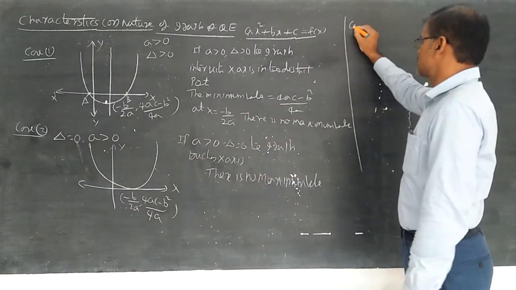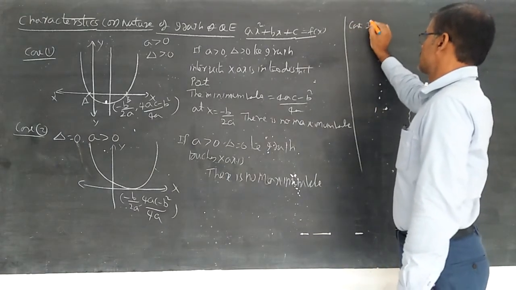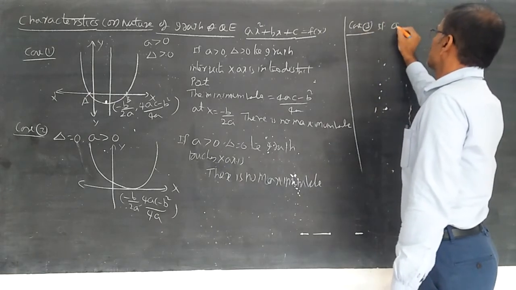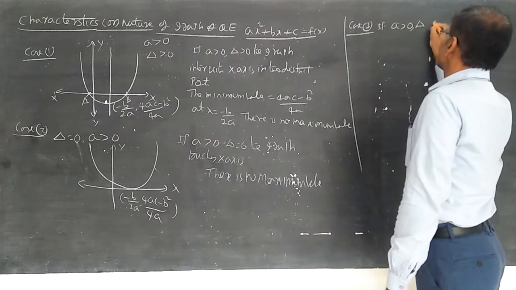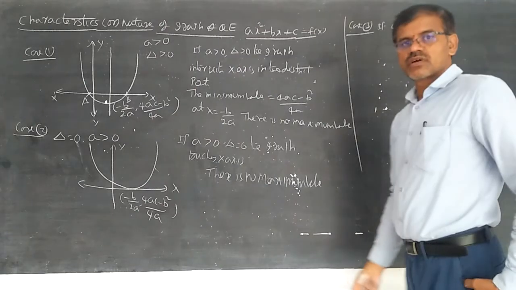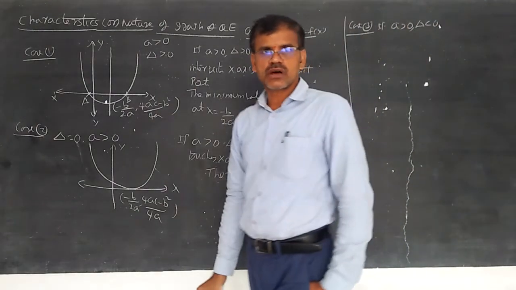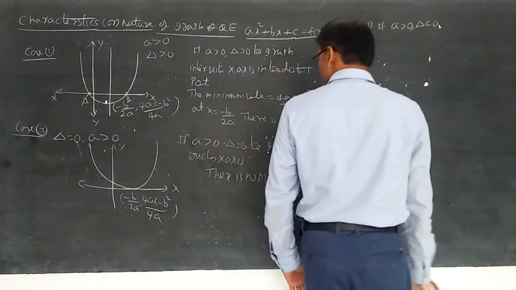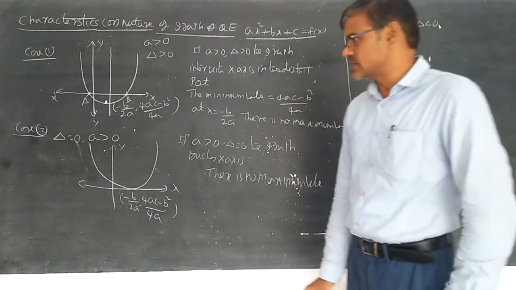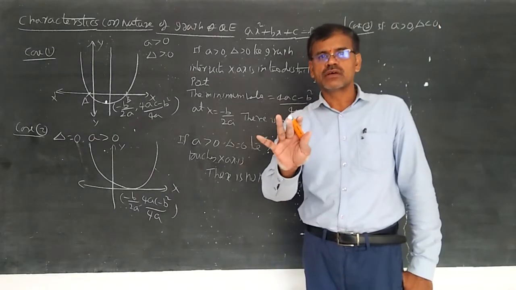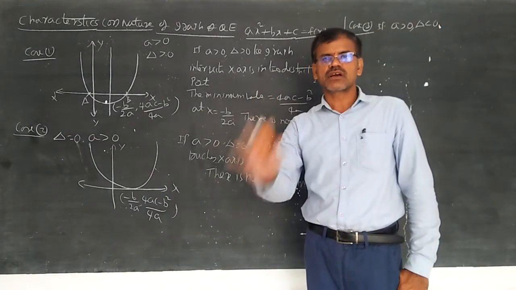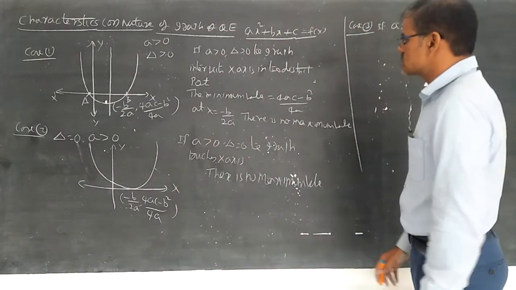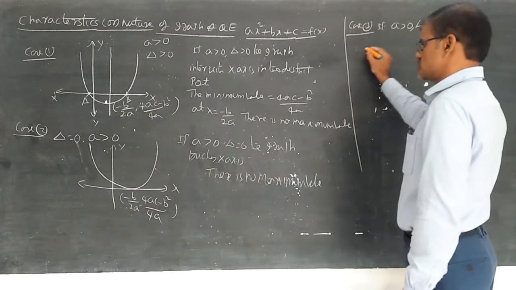Case 3, I am writing. If a greater than 0, comma, delta less than 0. Whenever delta is less than 0, the roots are non-real complex numbers, imaginary roots. Whenever there are imaginary roots, we can say that no line intersects or touches the curve, so there is no point of intersection.